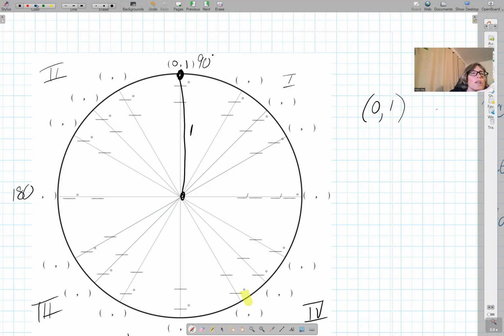Now we've already established that cosine theta of an angle is your x, and sine of theta of an angle is your y.